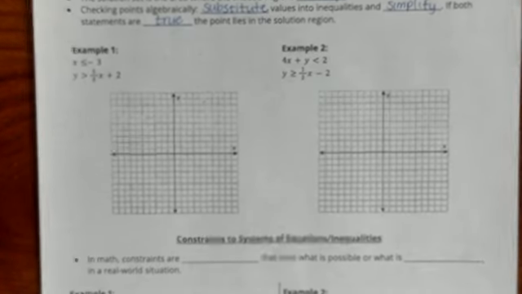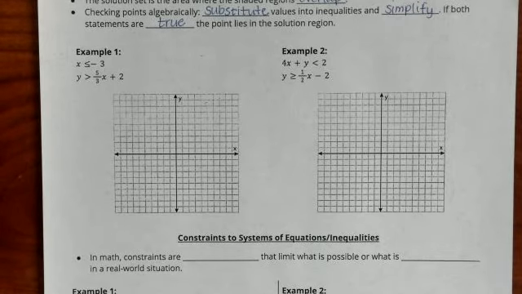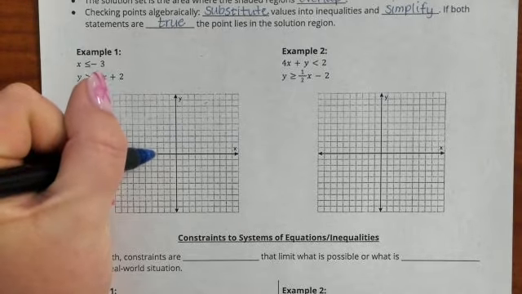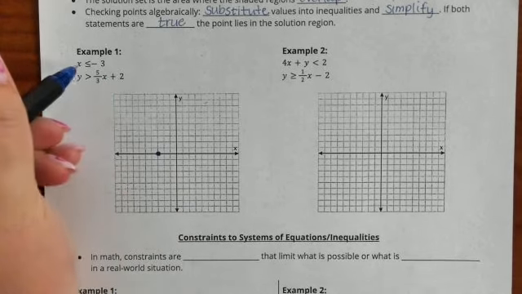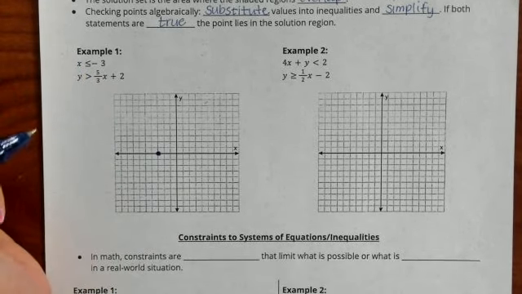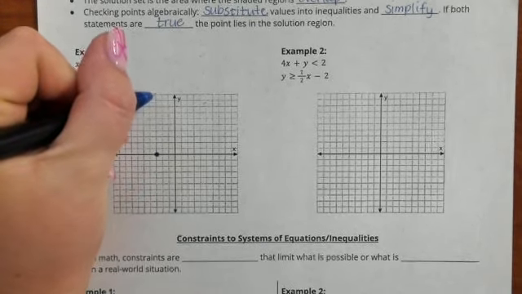Moving on to our first example, we are graphing. Again, when we are graphing, we want to make sure that we are written in slope-intercept form. If we're written in a different form, our first inequality, though, is x is less than or equal to -3. So that's just something that we need to go in and graph. So I'm going to go when x is -3. I have a line under my sign, so that means I'm going with a solid line.